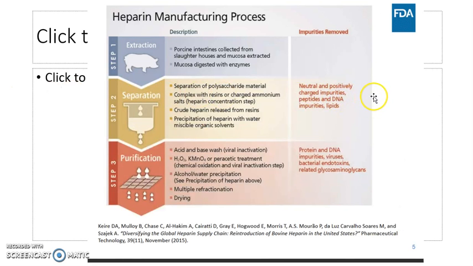So this is just a little bit on the heparin manufacturing process. Previously, in the US, there was a stage when there was only heparin from porcine origin, and none from bovine, or the cow.